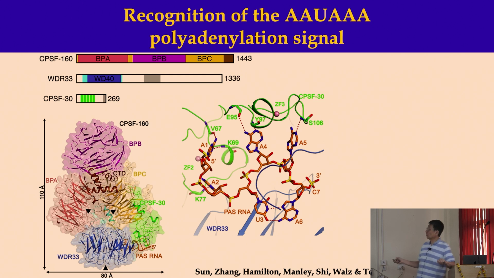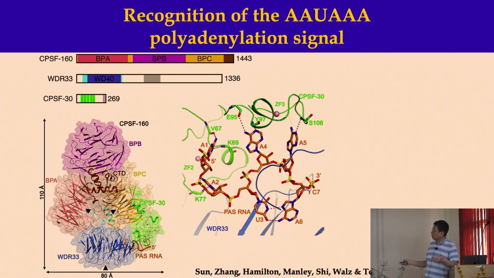So you can imagine that's how you recognize the A in the DNA duplex or RNA duplex. This is how the protein recognizes the A here. And then A5 forms only a hydrogen bond to the N1. N6 is not involved. Same is true for A1, A2. So essentially, these adenines are recognized directly by the zinc fingers.